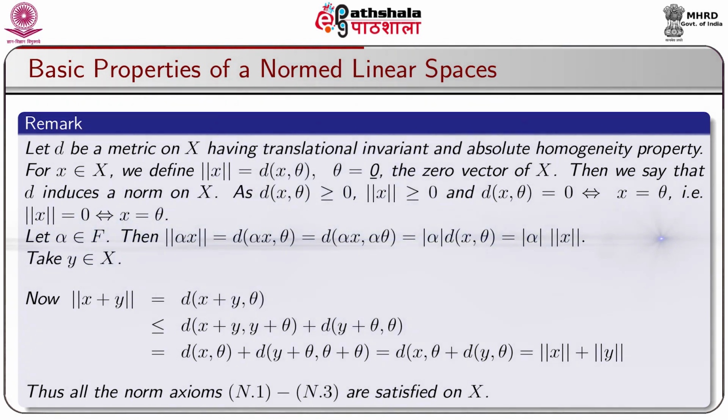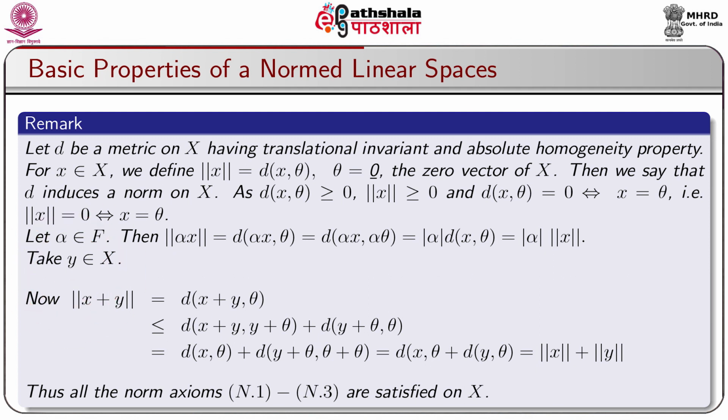Let alpha belong to F, that is, alpha is an element of the scalar field F. Then the norm of alpha x is equal to d(alpha x, theta) by the definition of the norm of x, which is again d(alpha x, alpha theta), because alpha theta is equal to theta, which is equal to mod alpha times d(x, theta), which is also equal to mod alpha times the norm of x.